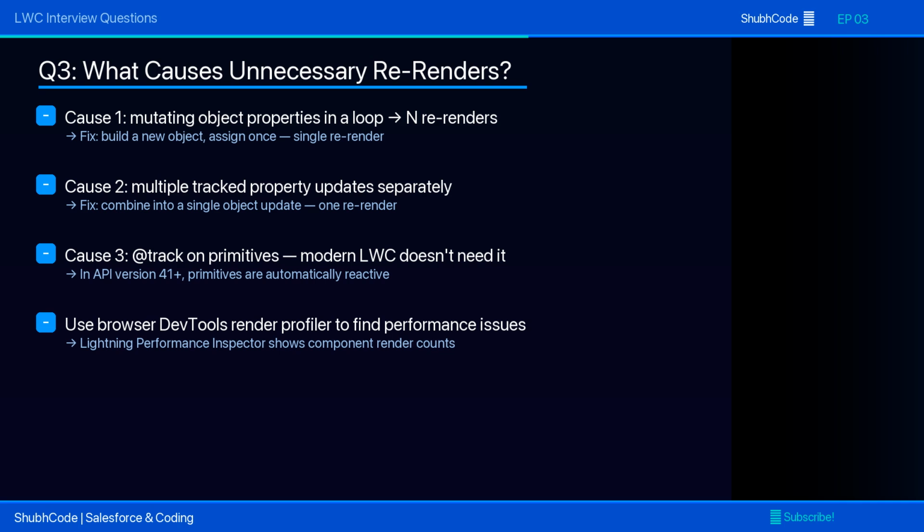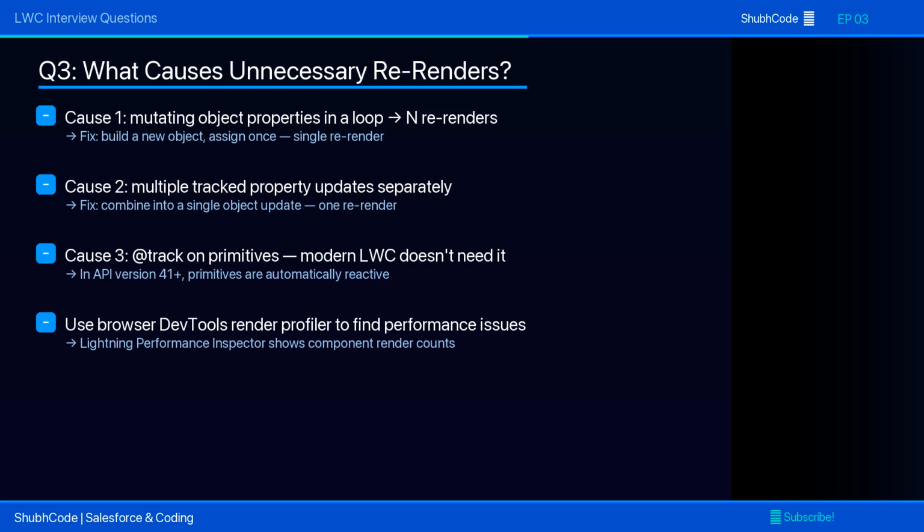First, mutating an object property instead of reassigning the whole object. LWC tracks object mutations, so changing obj.name triggers a re-render. If you're doing this 10 times in a loop, that's 10 re-renders. Solution: build the updated object separately, then assign it all at once.